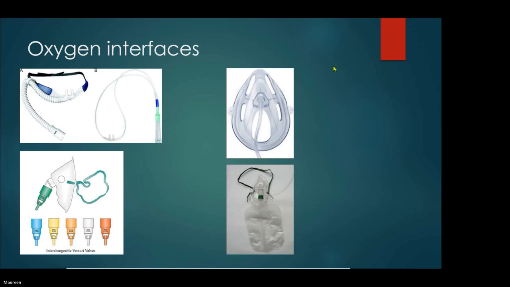Also, you can adjust the temperature of the heated humidification from between 31 to 37 degrees. 37 degrees tends to be used with people who are intubated or have a tracheostomy, so doesn't tend to be done through the nasal prongs. And it's given through wide-bore nasal cannula, so it tends to be quite comfortable.